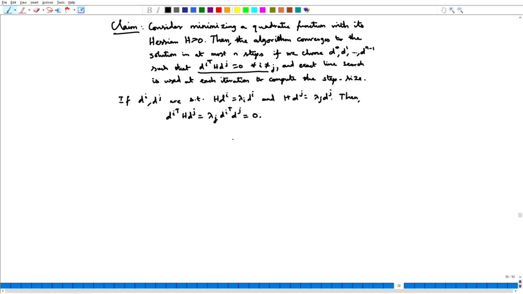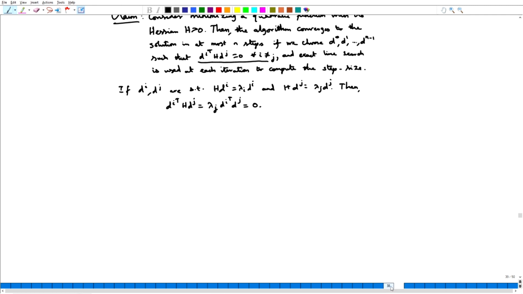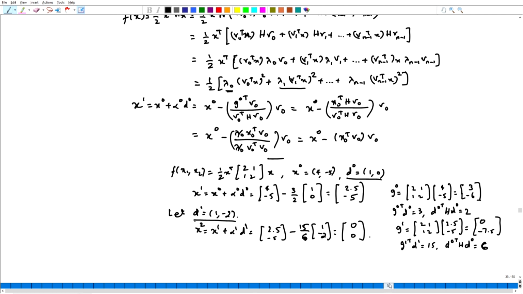The eigenvectors of any symmetric matrix are orthogonal. So, since di transpose dj is equal to 0, di transpose H dj is equal to 0 whenever i not equal to j. That is very clear, and that is the reason why when we used eigenvectors, we reached the answer in n steps. You can see that here as well.